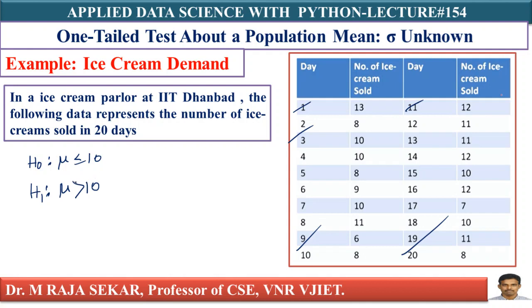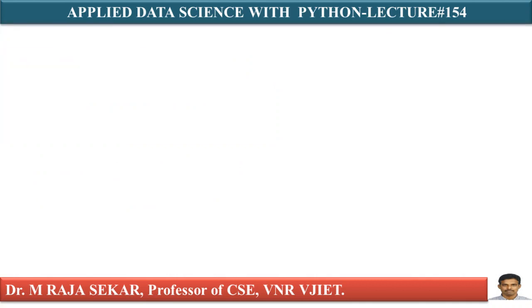Greater than. As it is a greater than sign, this must be a right-tailed test. Let me assume alpha equal to 0.05. Now, what do I have to do? Let me run a sample code using the Python programming language.